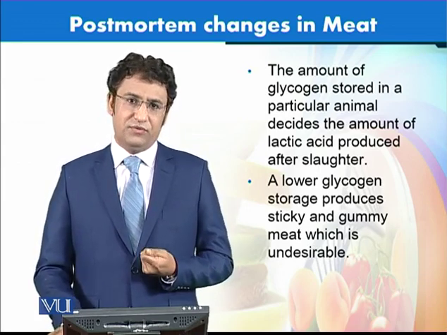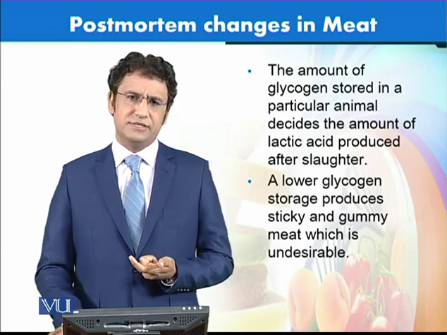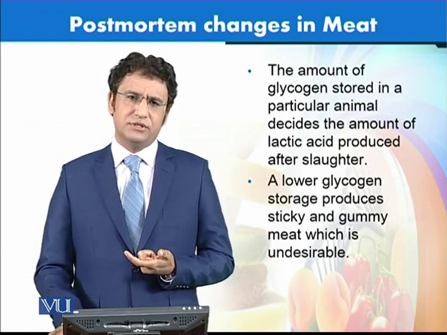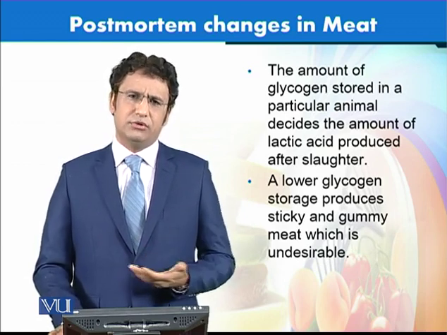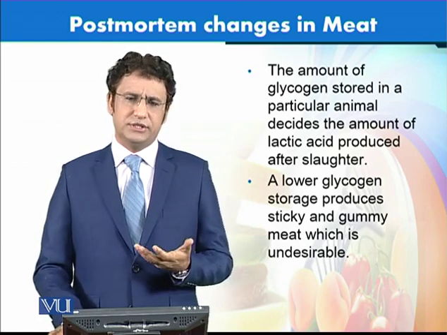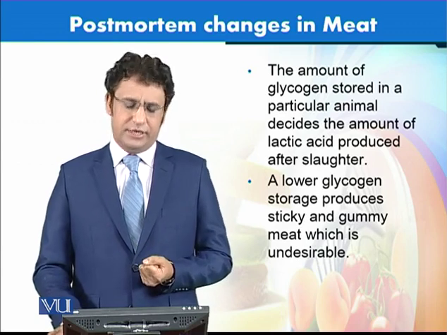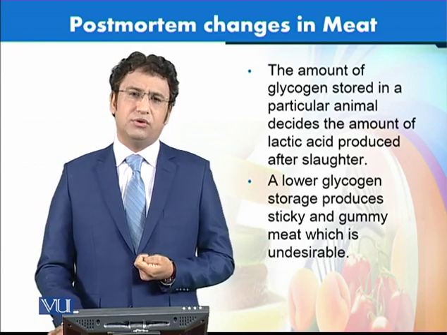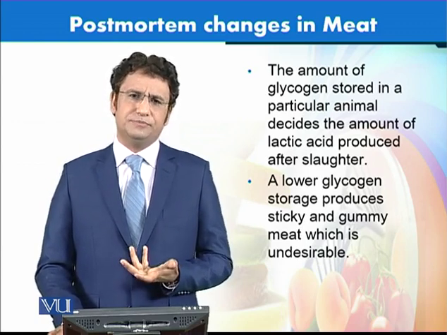But when we slaughter an animal that doesn't have a high glycogen level, that glycogen would not be converted into lactic acid, so there would be different changes in the meat muscle. For example, it becomes gummy and sticky. This is a quality of meat that is not desirable.